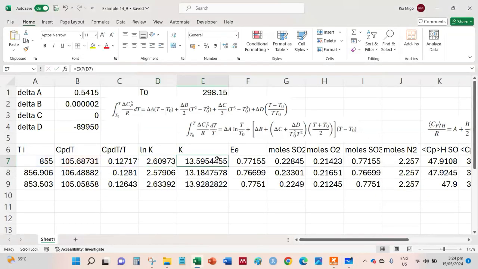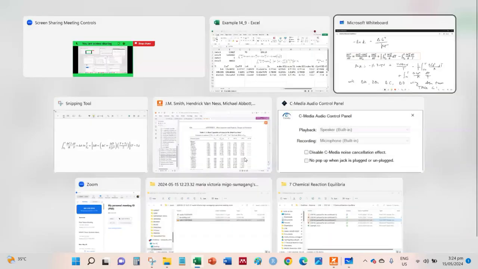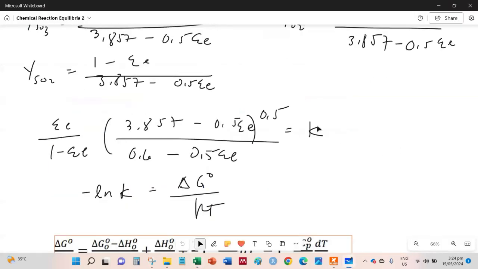So next is exponentiate ln K. And this is the challenging part because this cannot be done in Excel. You have to manually solve.